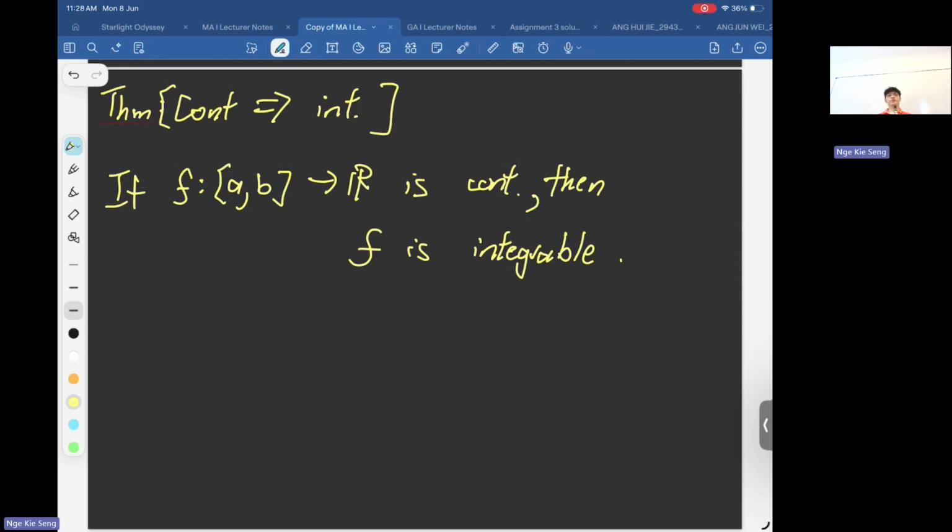Very simple, only two ideas here, continuous and integrable. I think we slightly discussed this already, right?